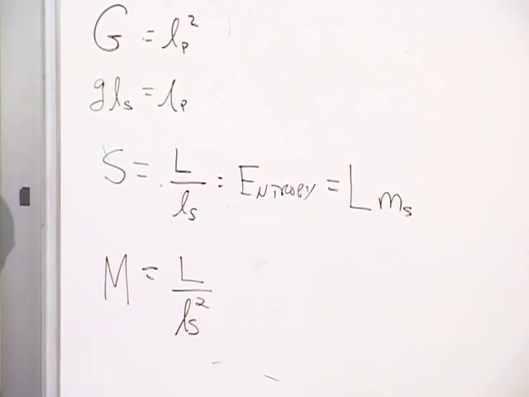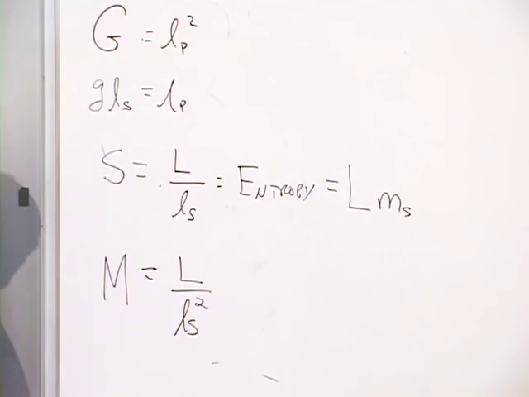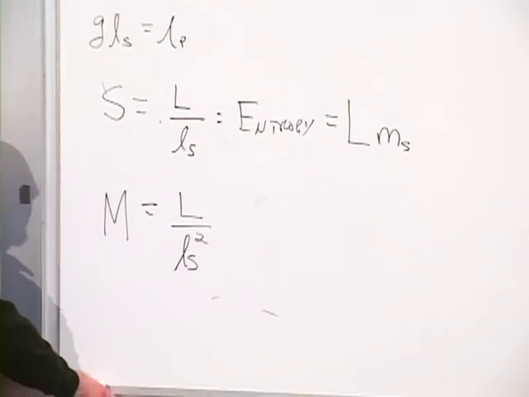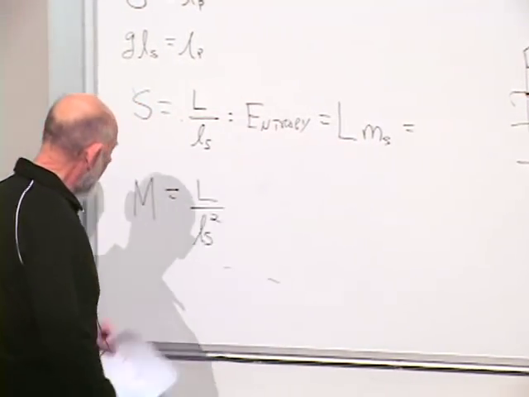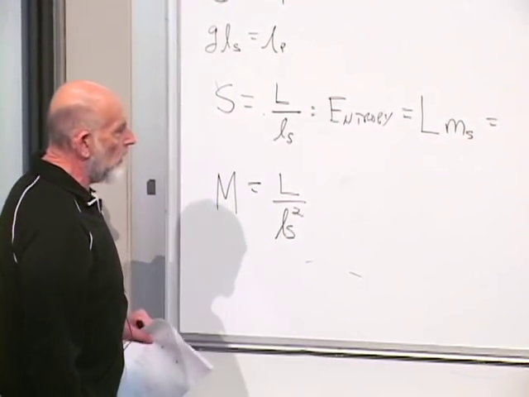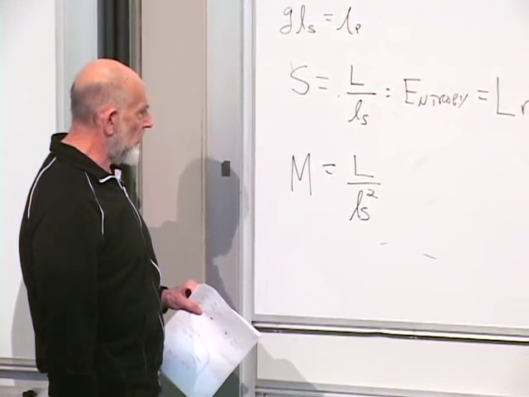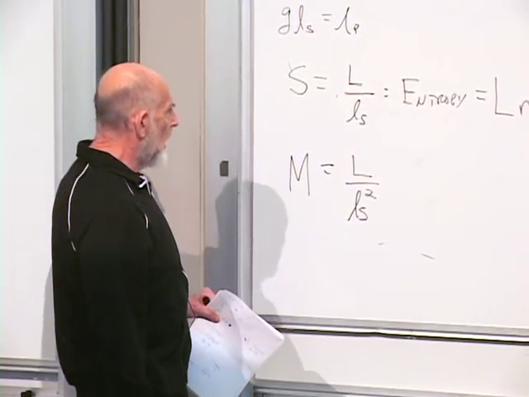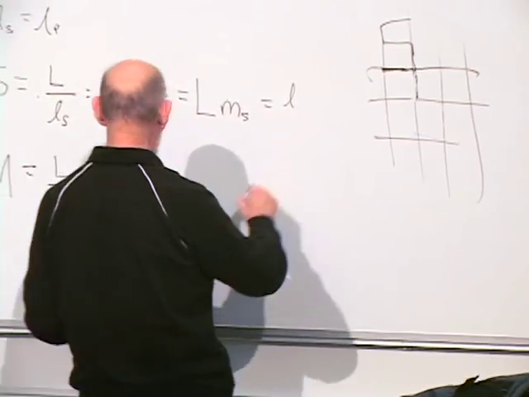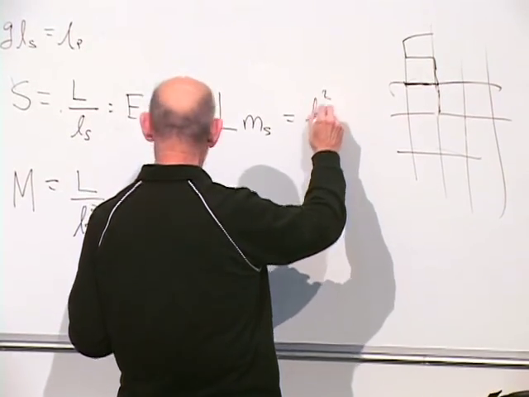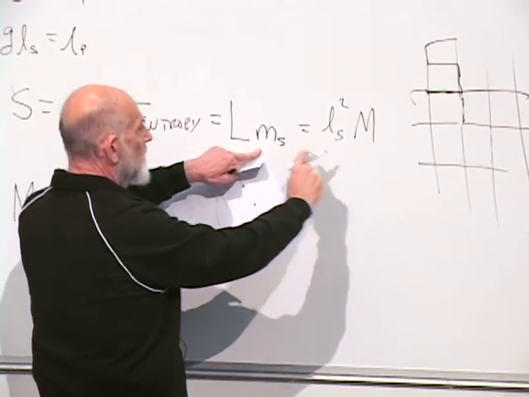Oh, we can do a bit more. We can get rid of L by replacing it with M. Let's just write some more equations. L is L string squared times capital M. That's L string squared times capital M, that's L, times M string.